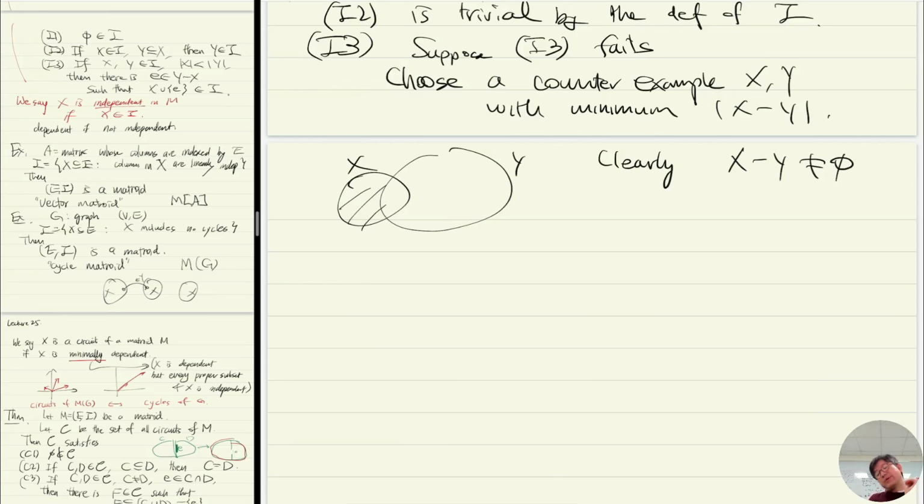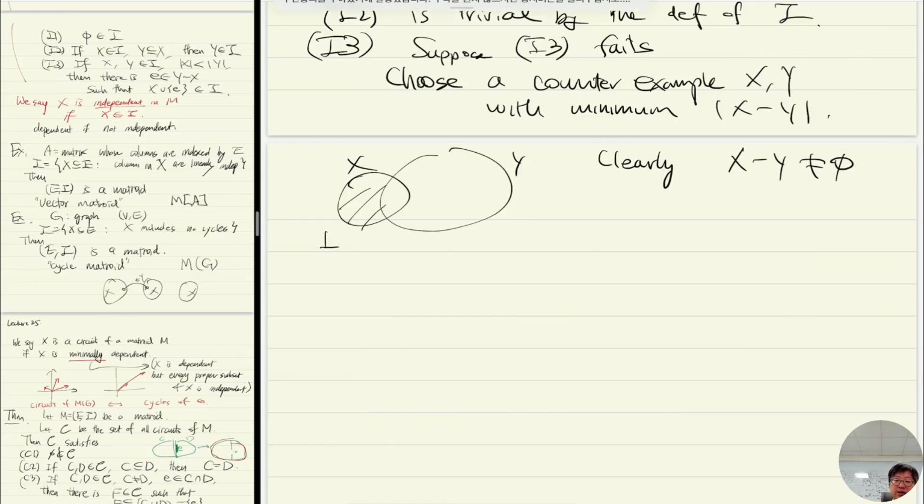Because if X minus Y is empty, then X is a subset of Y, and by I2, any subset of Y is independent, so X plus any single element will be independent.